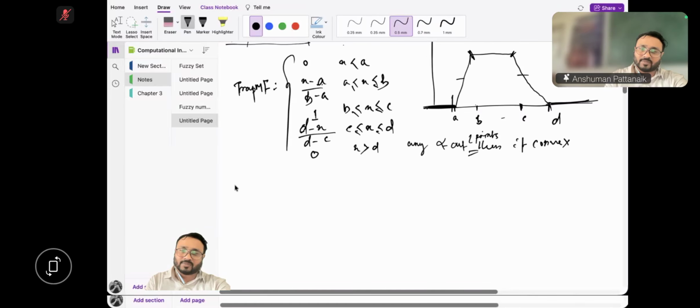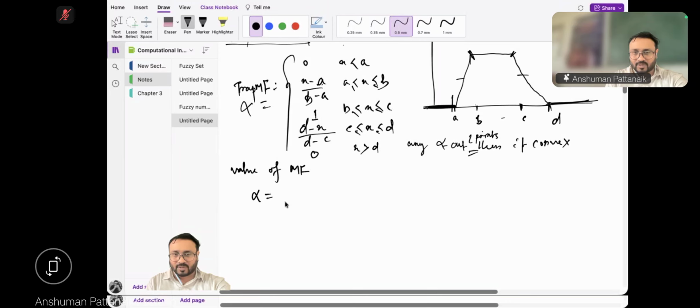What exactly is alpha? Alpha is the value of the membership function. So I can write alpha equal to this much, and I will take each case one by one. First case: alpha is equal to (x minus a) divided by (b minus a). This is happening because of the left shoulder, so let's identify the left boundary.